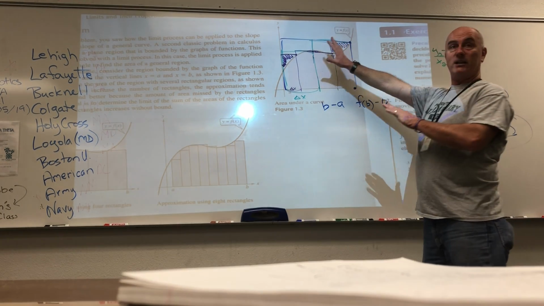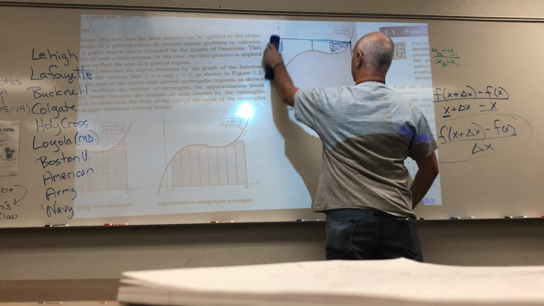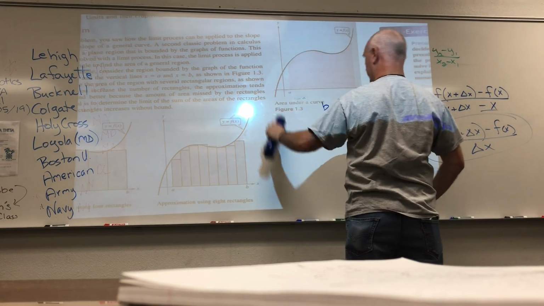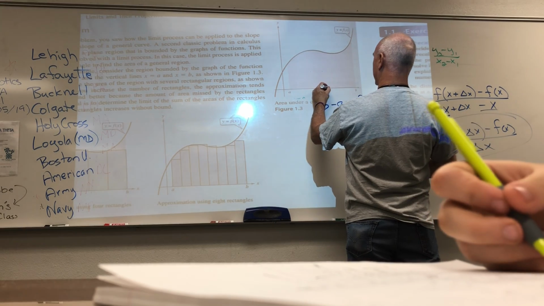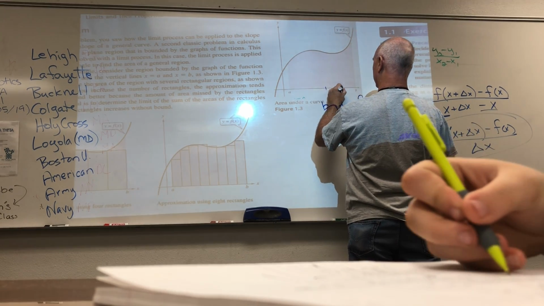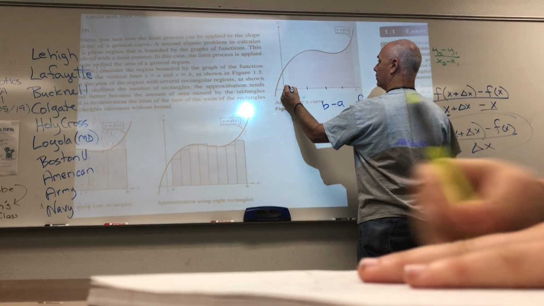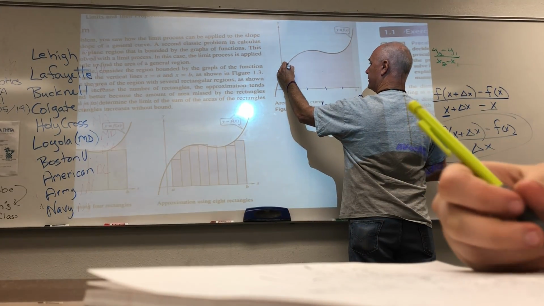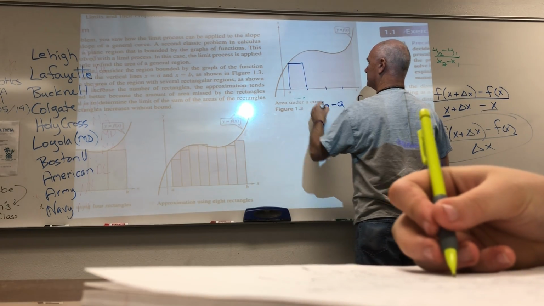I'm going to erase that if you don't mind. And we're going to try it again using the left side of the rectangle to draw the curve. So now we're going to come up and do from this point over and down.